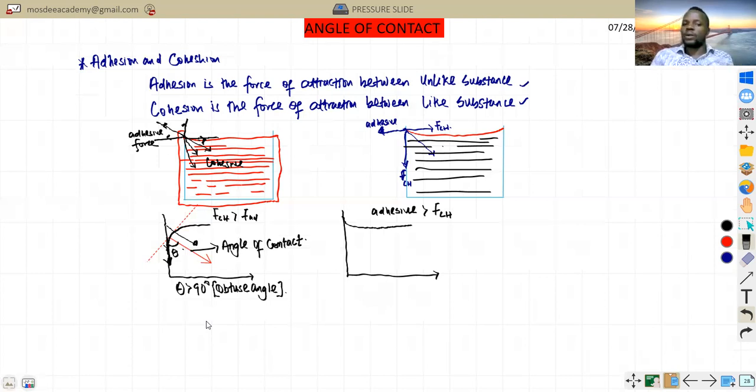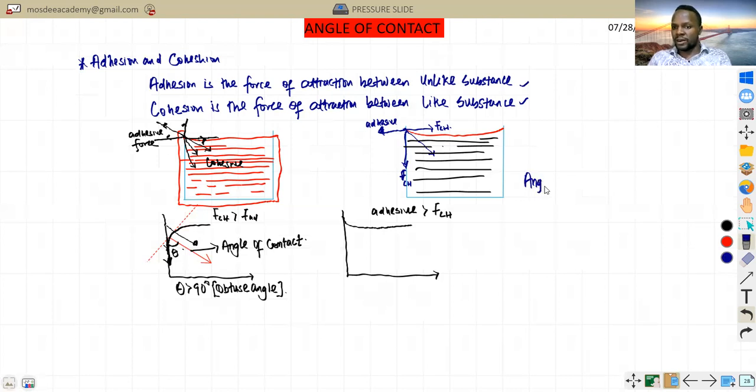So what we can conclude is that the obtuse angle formed between the adhesive force and the cohesive force at the point of contact is what is called the angle of contact.